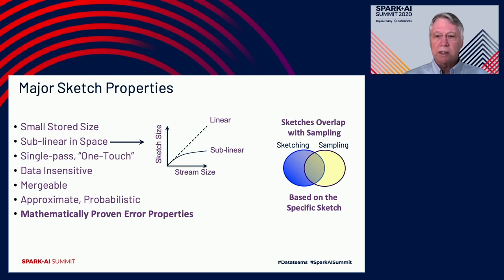That's what we call sublinear. So the size of the sketch is sublinear in space with respect to the size of the input stream. In this little graph in the middle, you see the stream size growing on the x-axis, and the sketch size becomes limited. It's not even linearly proportional. It is in fact sublinear.